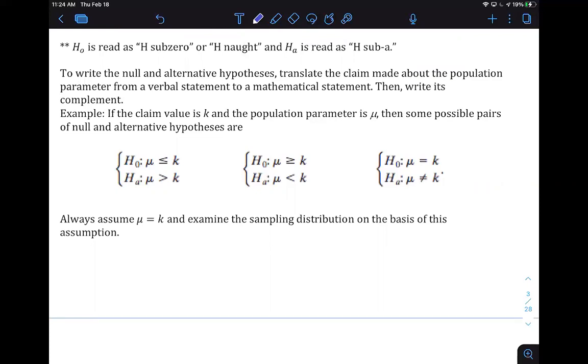The thing that's going to change is the population parameter. We're going to start off looking at mu, a population mean. Then we're going to look at p, and then we'll look at standard deviation or variance, just like what we did with the confidence intervals. Always assume that our mean equals k, and assume the sampling distribution on the basis of this assumption.